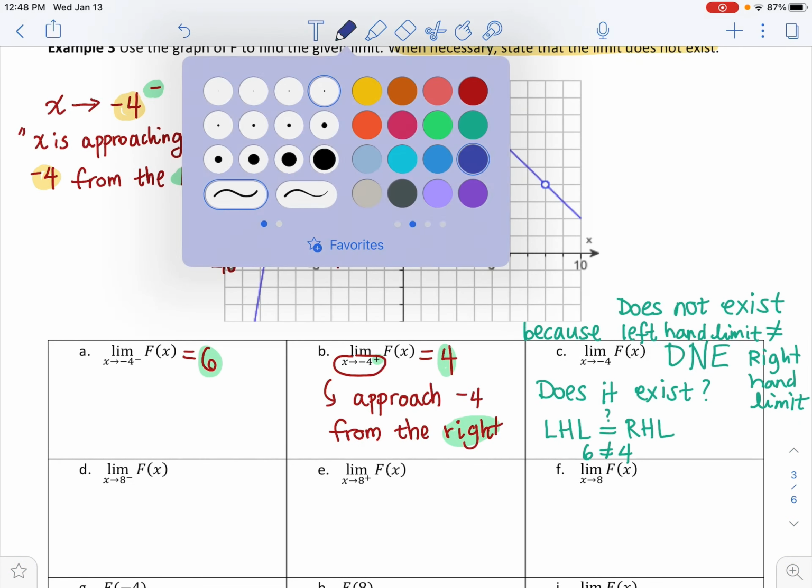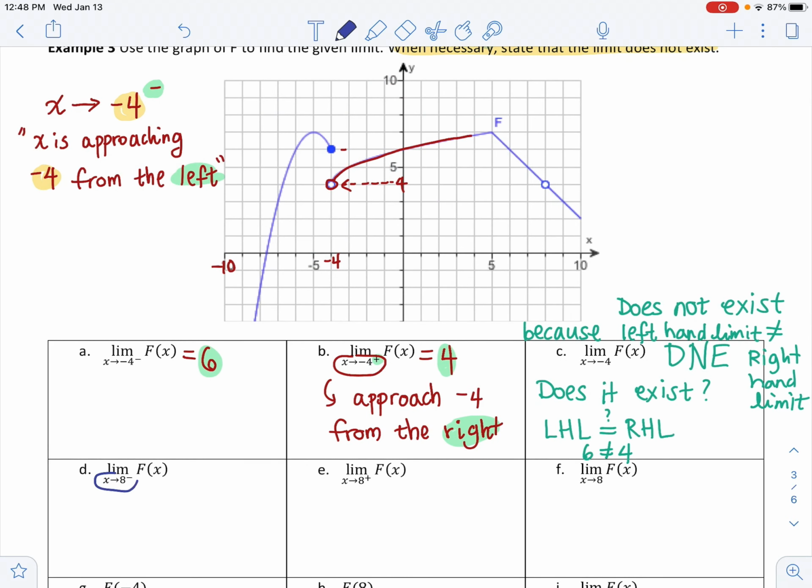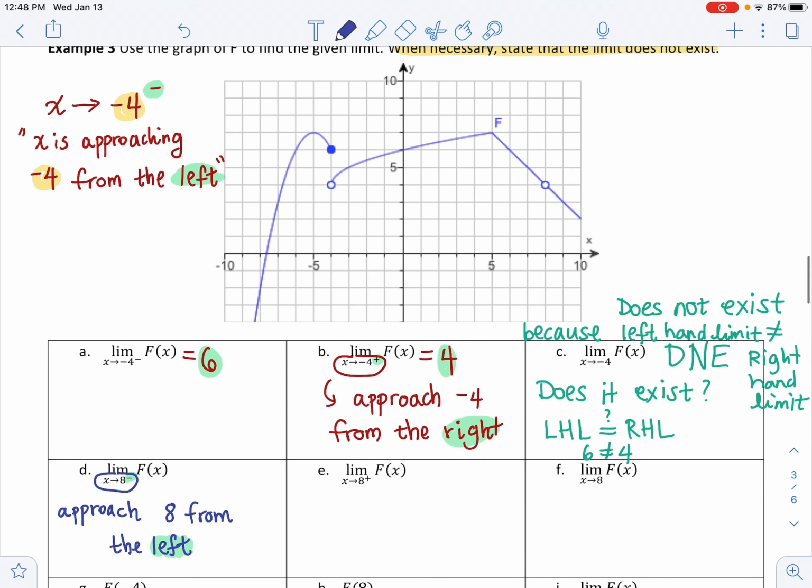Okay, how about part D? x is approaching what number? Approaching 8 from the left this time because of this minus sign, right? So where is, I'm sorry, not negative 8, positive 8 on this graph?